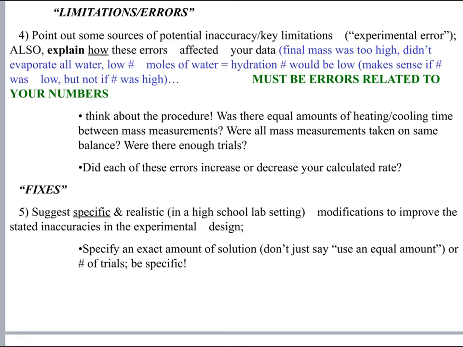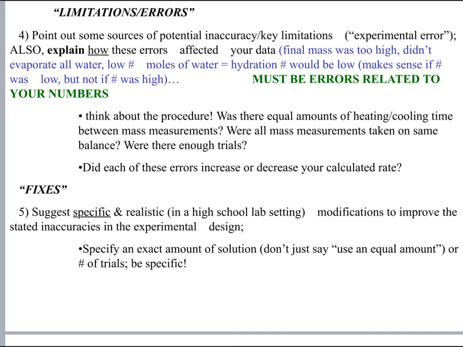So for the sources of error, or as IB calls them, limitations, you want to think about your procedures. So the heating or the cooling time, one's a good source of error and one's not. The amount of time heated should have been adjusted. Actually, that should have been talked about in the last section where you were looking at the adjustments you made in your procedure.